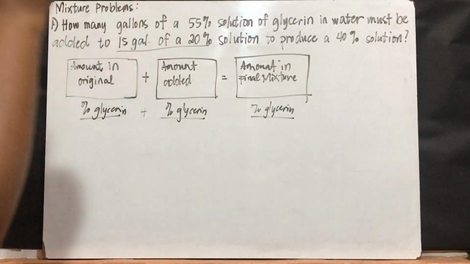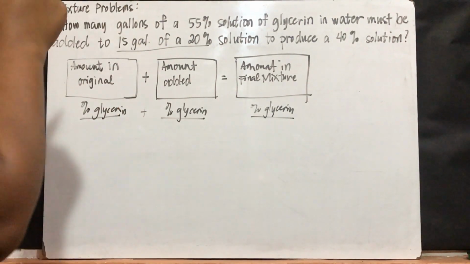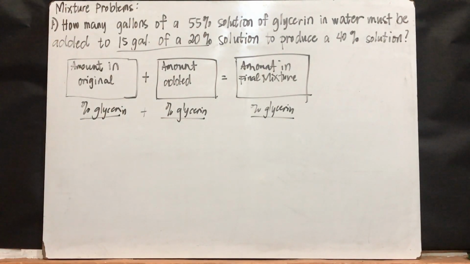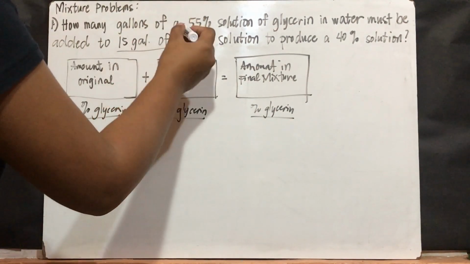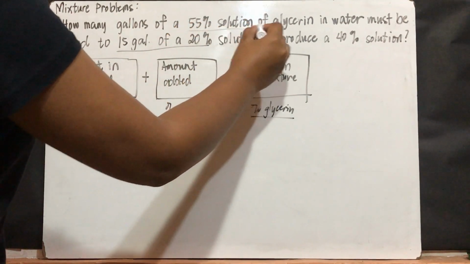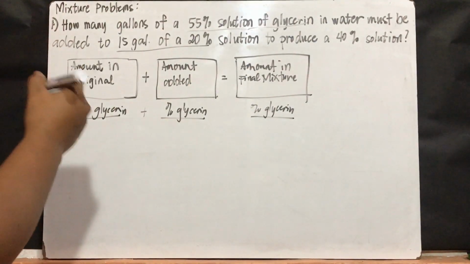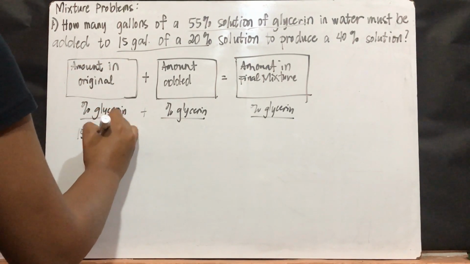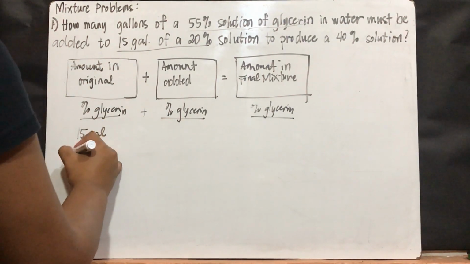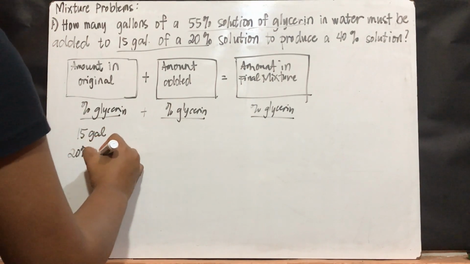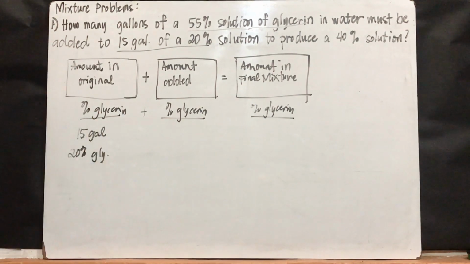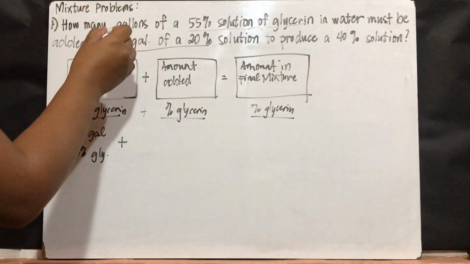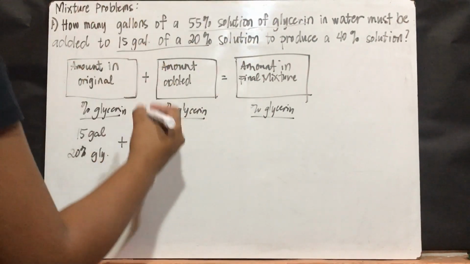And then, yung i-add natin na amount is unknown but with a 55% solution of glycerin. So, yung amount in original natin, we have 15 gallons and then may 20% solution siya ng glycerin. And then added to the unknown amount of that 55% solution.